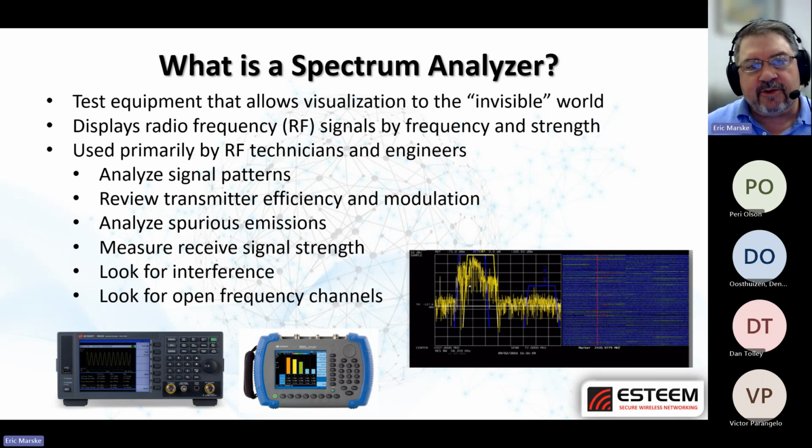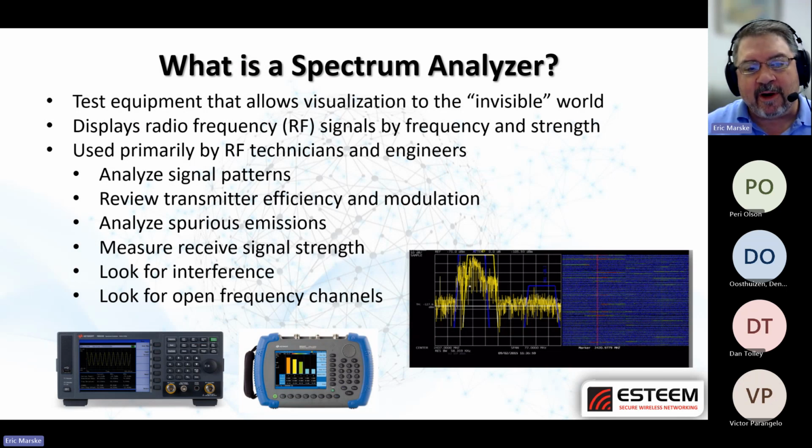Now, it's primarily used by RF technicians and engineers, for everything from analyzing signal patterns to reviewing what's actually happening in a transmitter for efficiency and modulation. It allows you to view whether you've got spurious emissions on a transmitter. In field applications, it allows you to measure received signal strengths and look for interference.